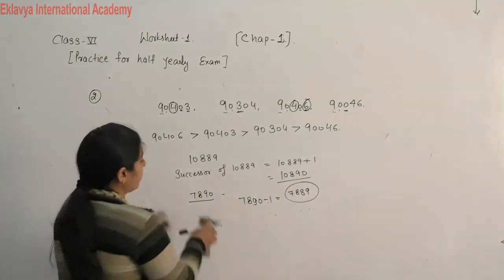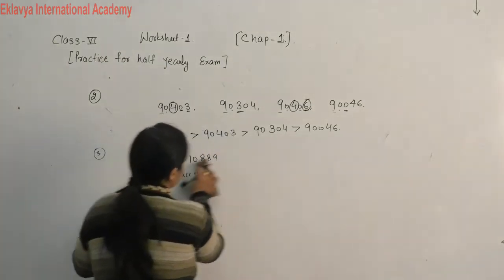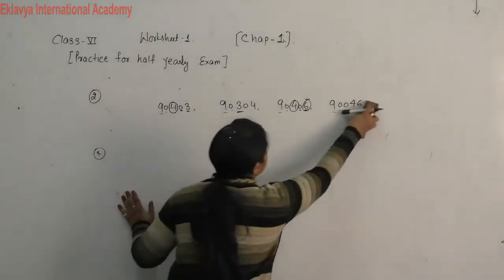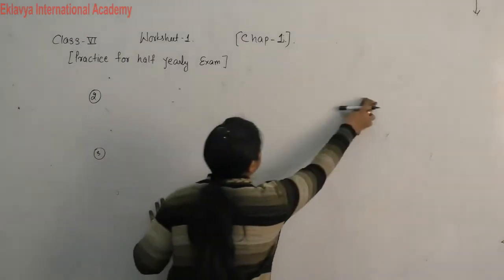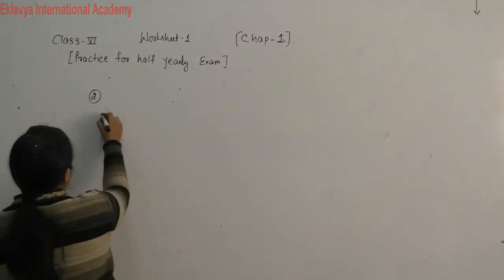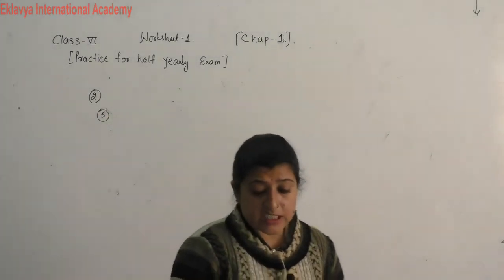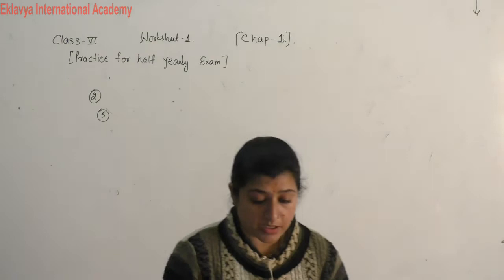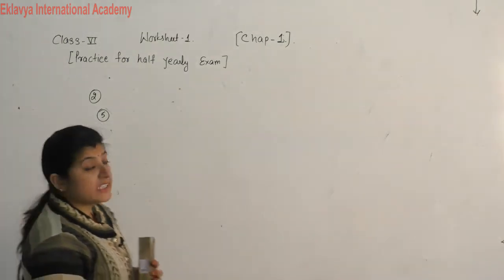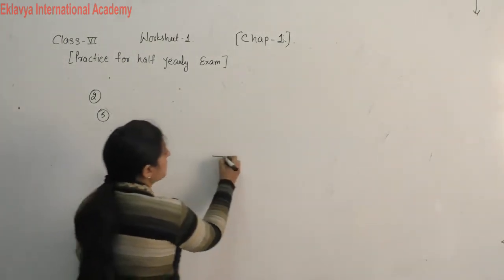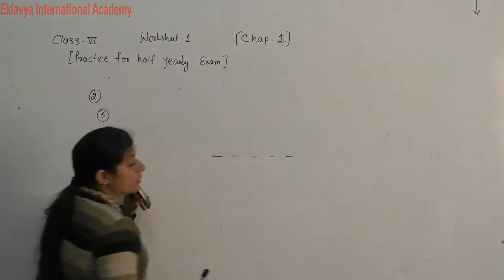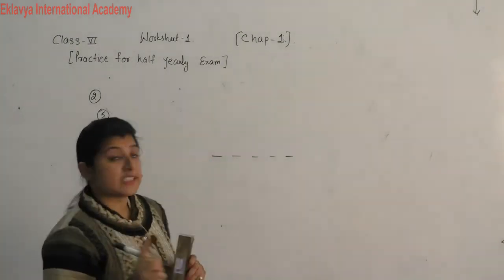Question number 5c. Write the smallest 5-digit number using only one digit. Smallest 5-digit number, and we have to use only one digit.